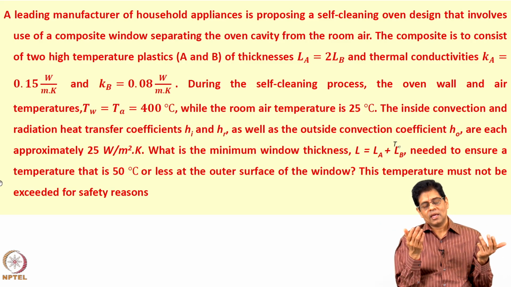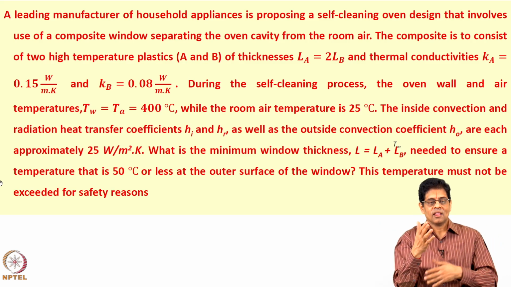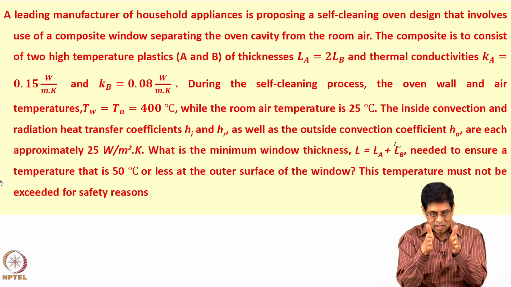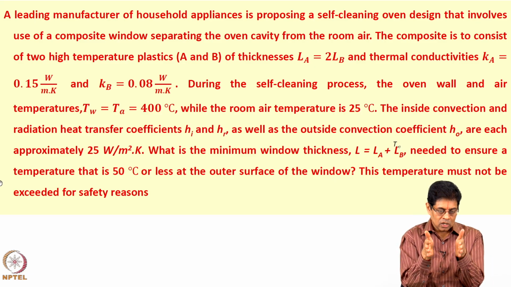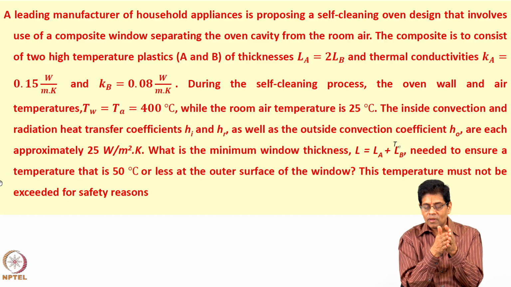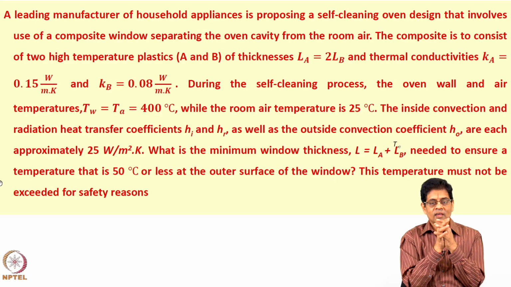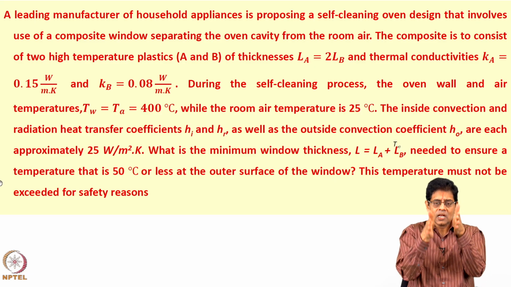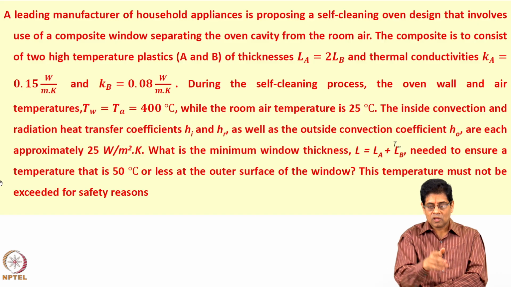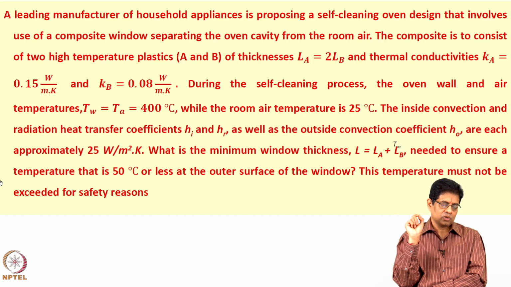So, the oven being at high temperature, the air inside and the walls are at some uniform temperature. The glass that is protecting that is on the door of the oven has two parts, A and B. Thickness of A is twice the thickness of B, the material thermal conductivities are given. You are asked to find the thickness of the wall such that the outside surface temperature, not the ambient which is given to you as 25.